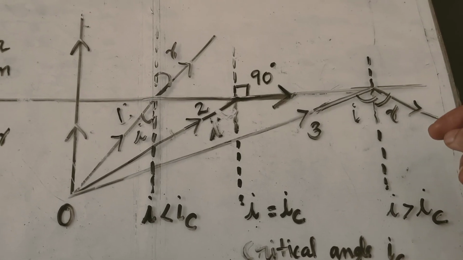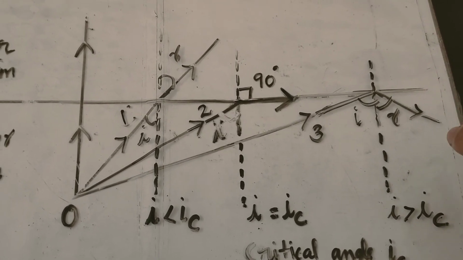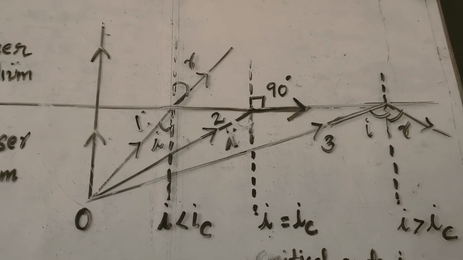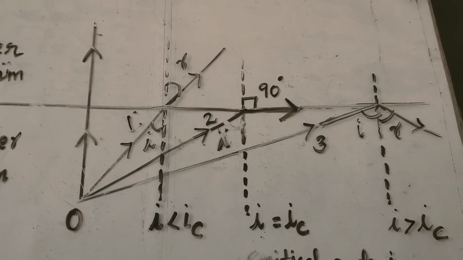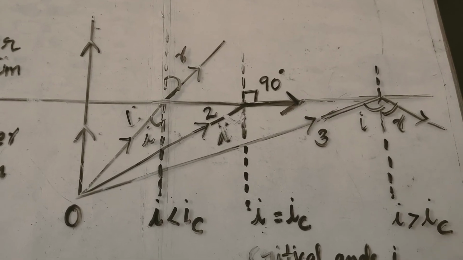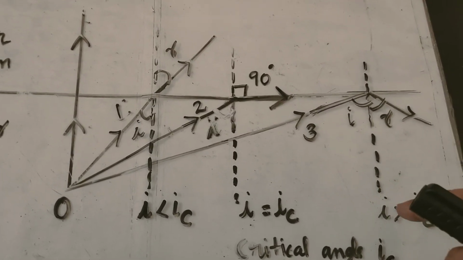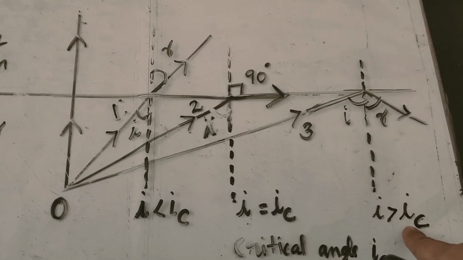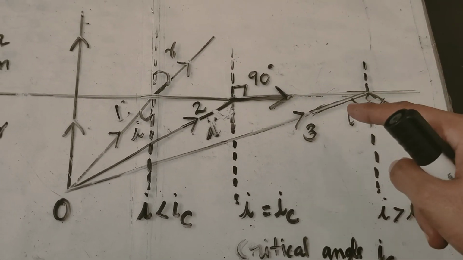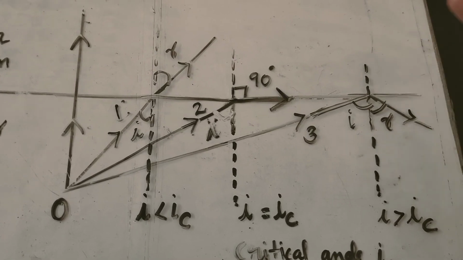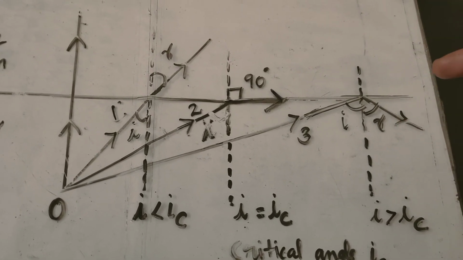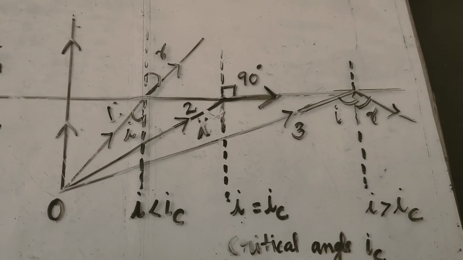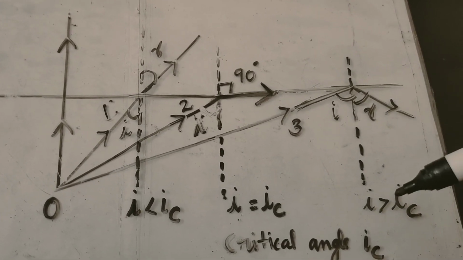This phenomenon is known as total internal reflection. That is, the phenomenon in which a ray of light traveling at an angle of incidence greater than the critical angle, from denser to rarer medium, is totally reflected back into the denser medium is known as total internal reflection.